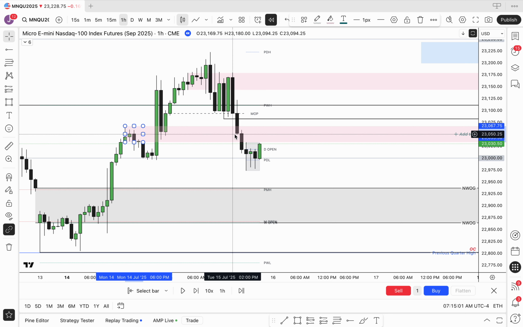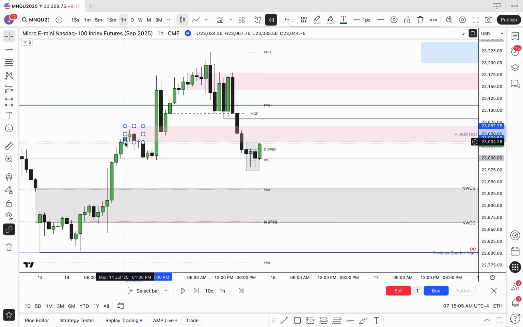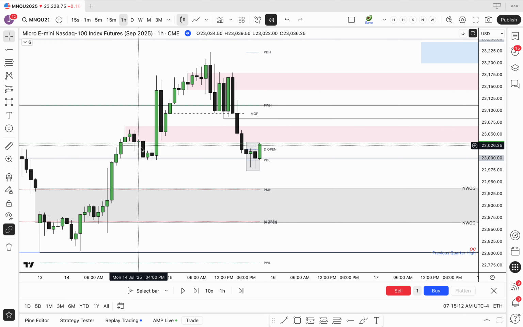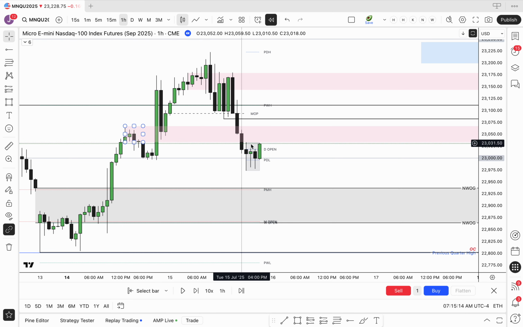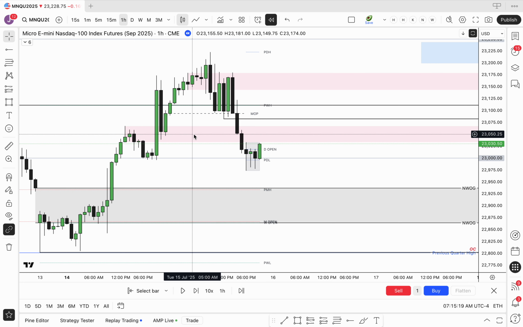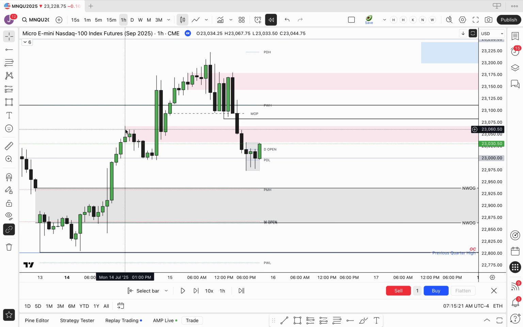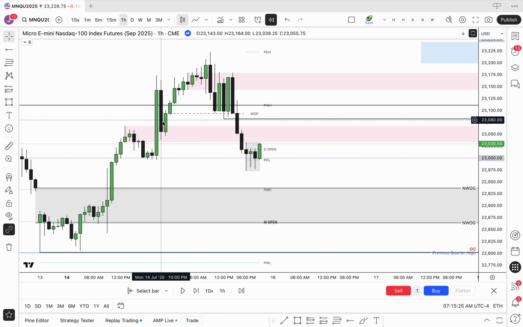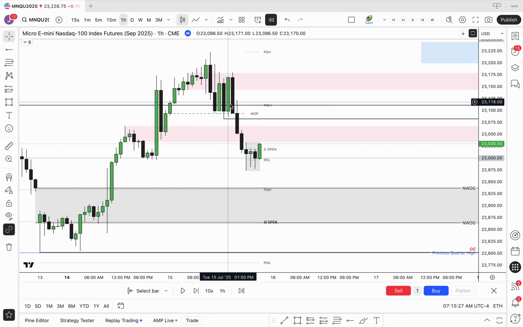And now you want to see these function as resistance over here. Okay, so it's technically a breaker. So it's an old bullish breaker turned into a bearish breaker. Okay. The key point is to find an array that gets traded through, retested as support, opposite side of the curve, trades through it. You want to see it act as resistance.